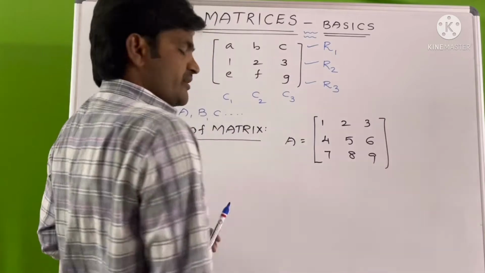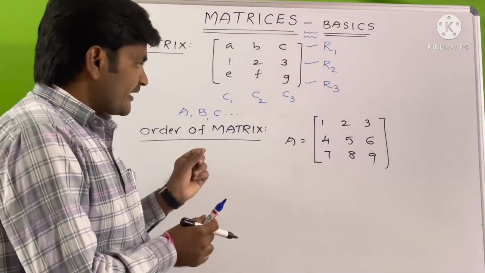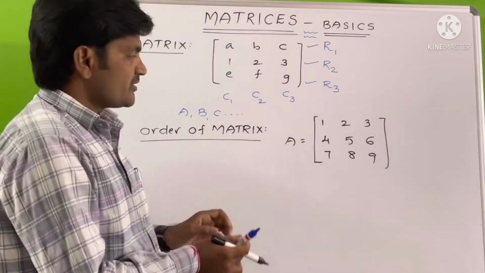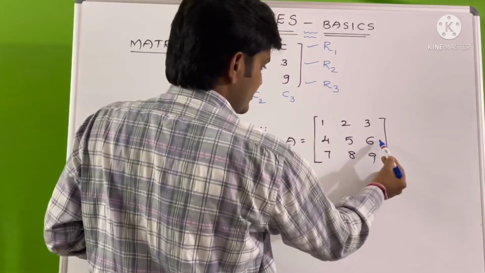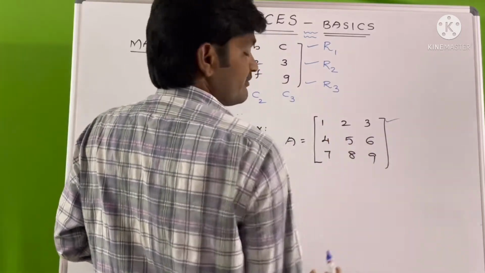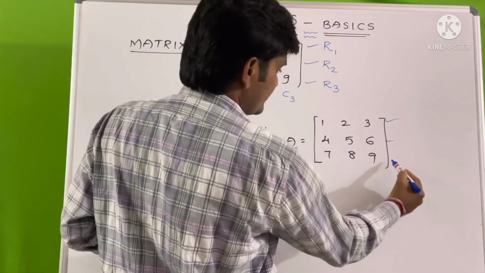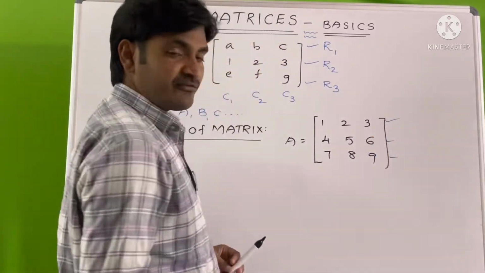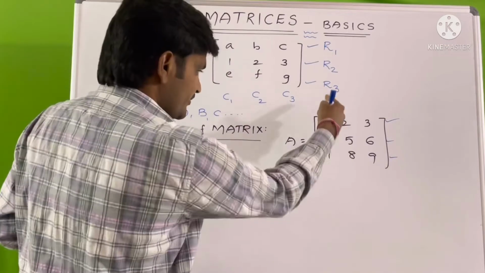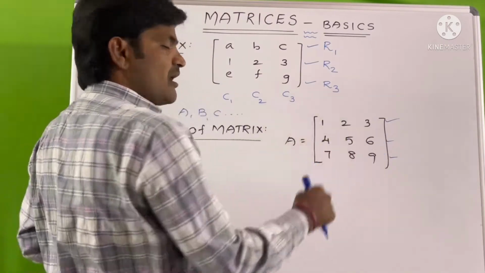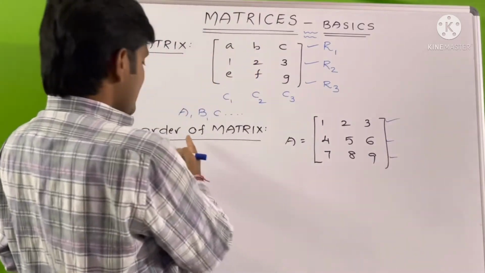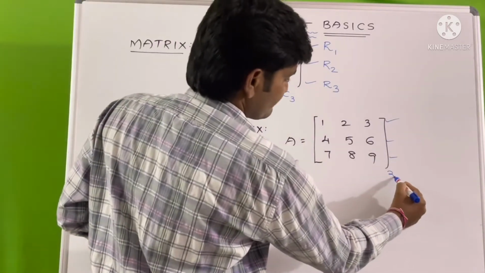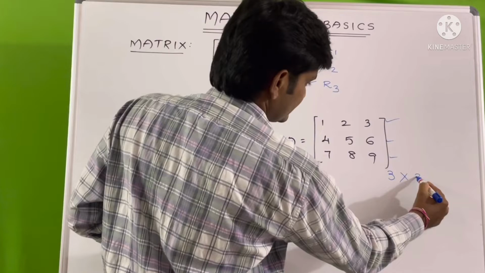So this is a matrix. In this matrix, the number of rows, now counting 1, 2, 3. The number of rows is 3 and the number of columns is also 3. So this matrix's order is 3 by 3.